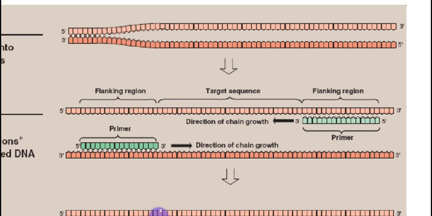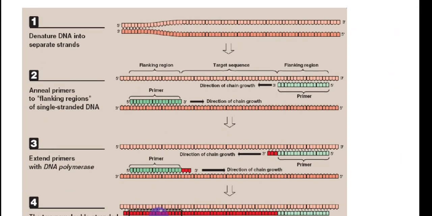This is the annealing of the primers to the flanking region of a single stranded DNA. So the green colored strand is the primer attached at the 3' end of the DNA, and this is the primer attached at the 5' end, at another 3' end of the DNA.